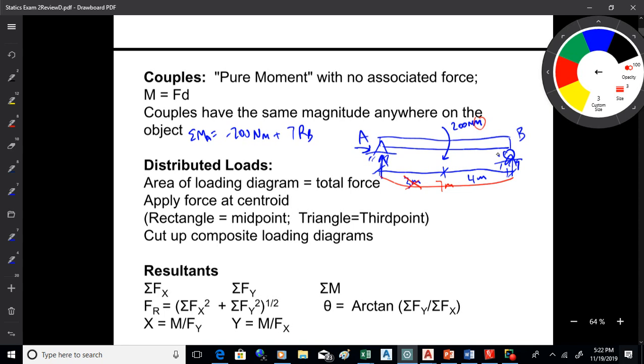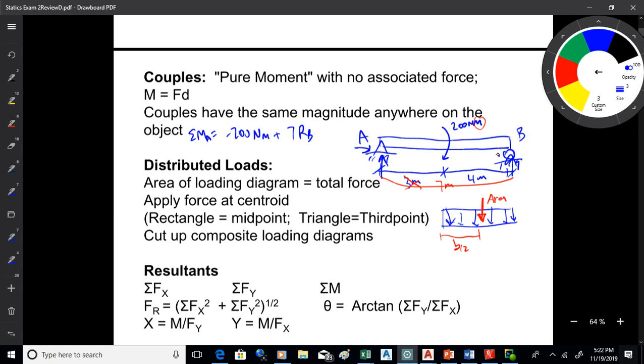All right, the distributed loads were next. Area of the loading diagram is the total force. So if you have a rectangular loading diagram like so, the force would act at the centroid of that rectangle, so that would be the area, and that would be the base over 2 from one side or the other.